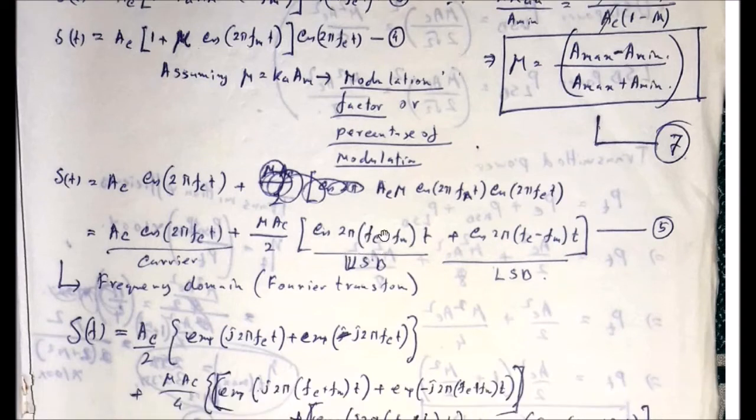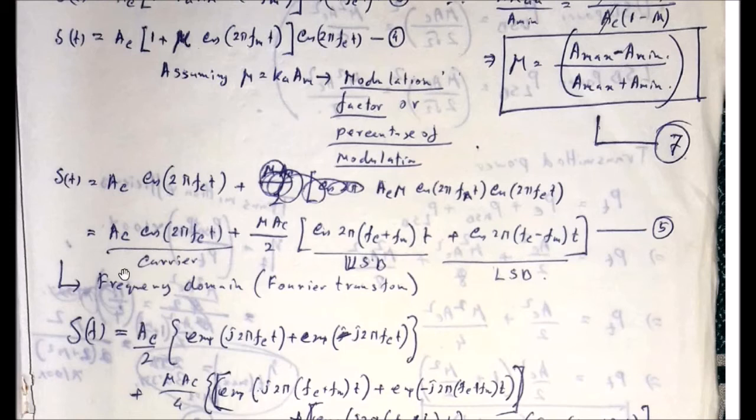So it is nothing but the upper sideband. See that the frequency component fc plus fm is the higher frequency component. That's why it is the upper sideband, and fc minus fm is strictly the lower frequency component. That's why it can be regarded as the lower sideband.